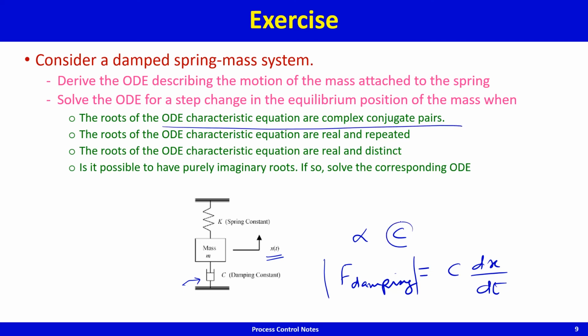So this would depend on what the damping constant C is. Roots of the ODE characteristic equation are real and repeated. You could also get real and repeated roots. So there will be a particular value of C for which you will get real and repeated roots. The roots of the ODE characteristic equation are real and distinct.